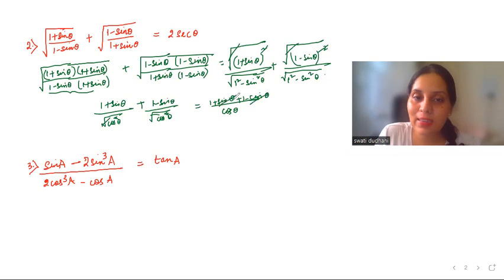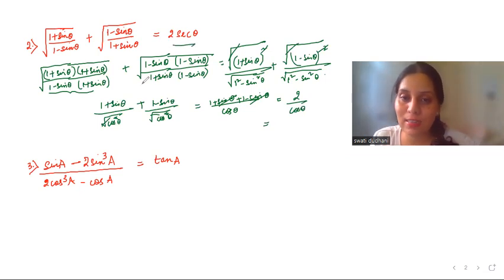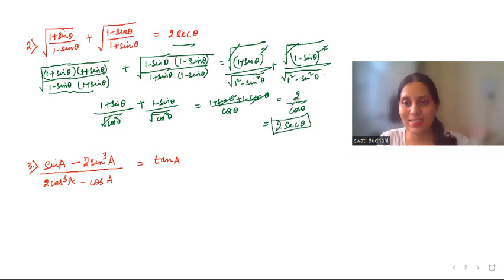Now, plus sine minus sine can be cancelled. 1 plus 1 is 2 by cos theta. Now, if I see my RHS, I want 2 secant theta. So, I know that 1 by cos theta is secant theta, so I can just write this as 2 secant theta. So, we have obtained the RHS.